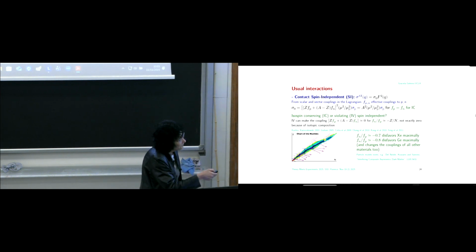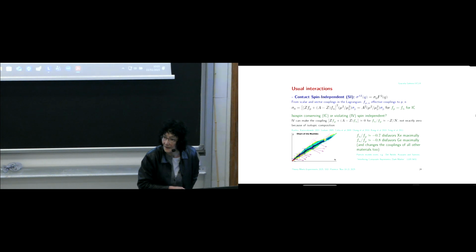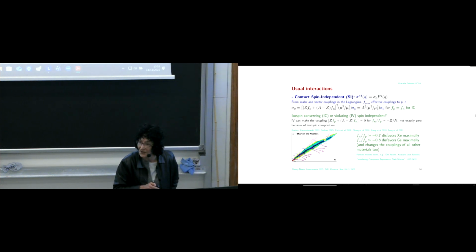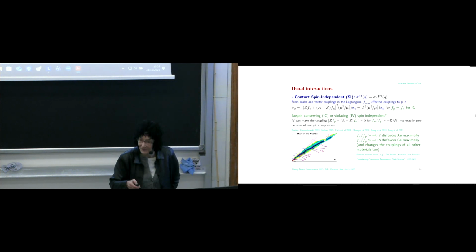So by picking particular ratios of these couplings, you can disfavor, for example, maximally xenon. Practically, you can make the xenon coupling 0. Not exactly, because of the isotopic composition. So you can make 0 one of the isotopes, but not exactly the others.